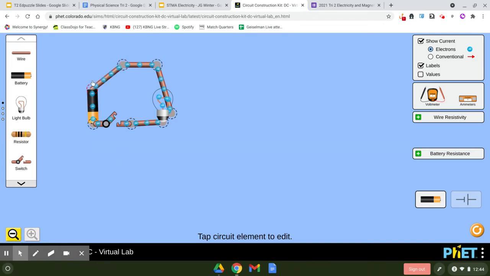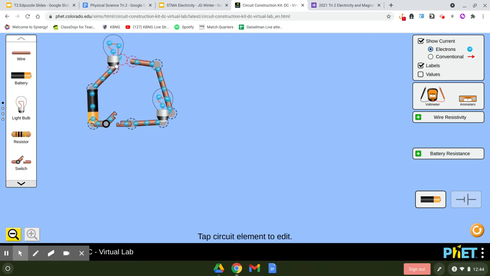So when we have the switch open, it is an open circuit and no electrons will flow. If we close the switch, now there's a pathway for electrons to flow, and we have our light bulb lighting up. If we open the circuit again, there is no longer any pathway for those electrons to flow.